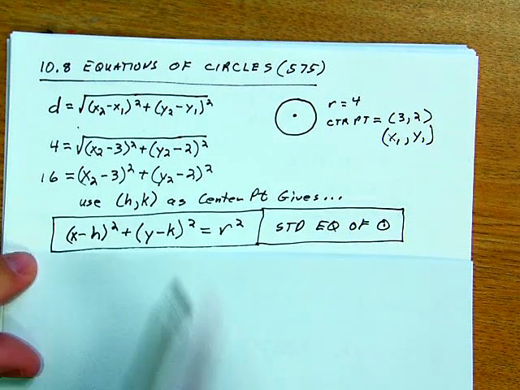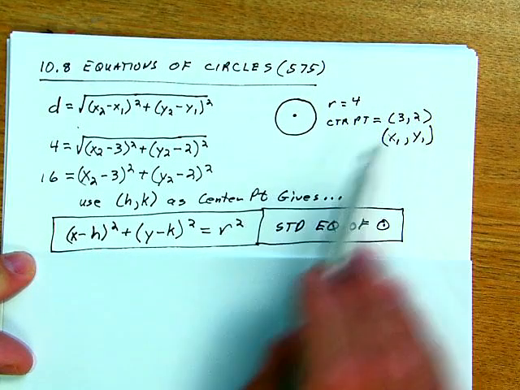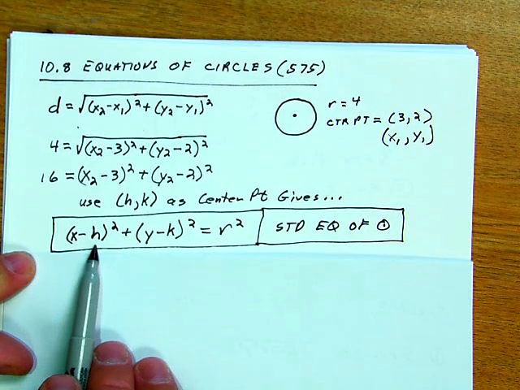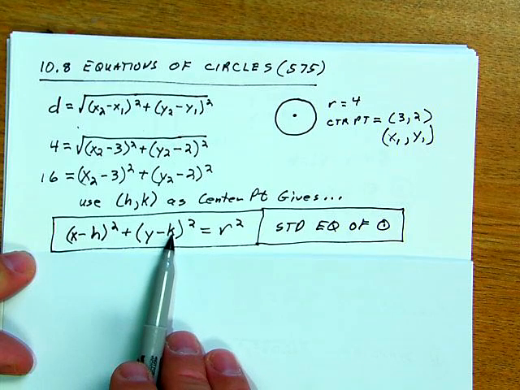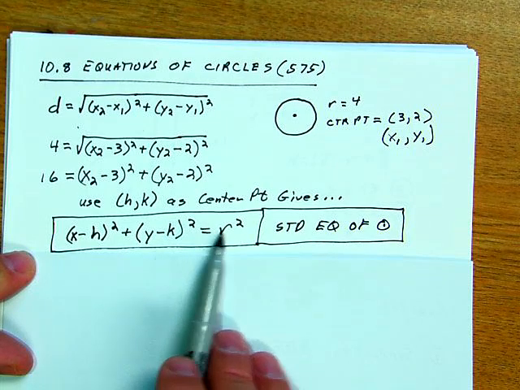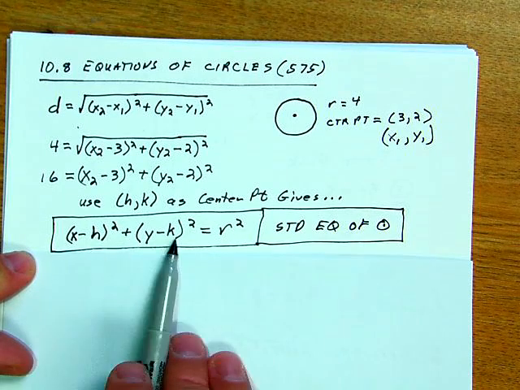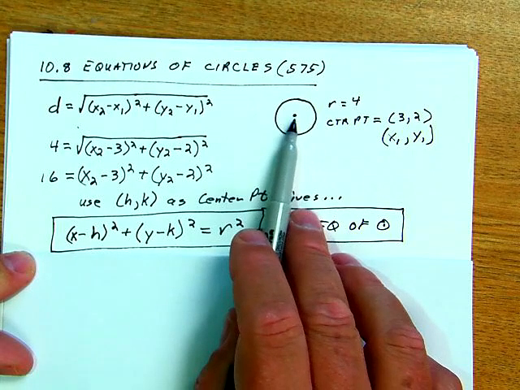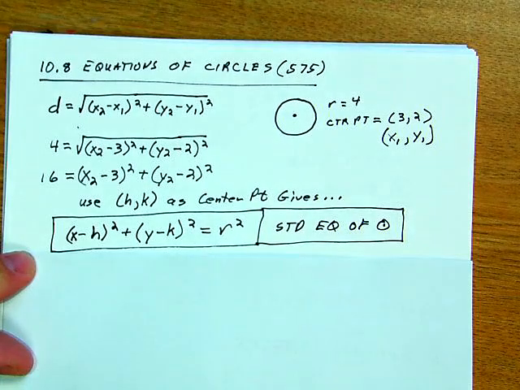If I plug it into this equation up here using h and k rather than 3 and 2, I change this equation over into x minus h, quantity squared, remember, h is my x value of my center point, plus y minus k, and k is my center point's y value, squared is equal to r squared. And this is your standard equation of a circle. But you can see where it came from. It came from using the distance formula and recognizing the fact that the distance is always the same from the center point to any point on a circle.